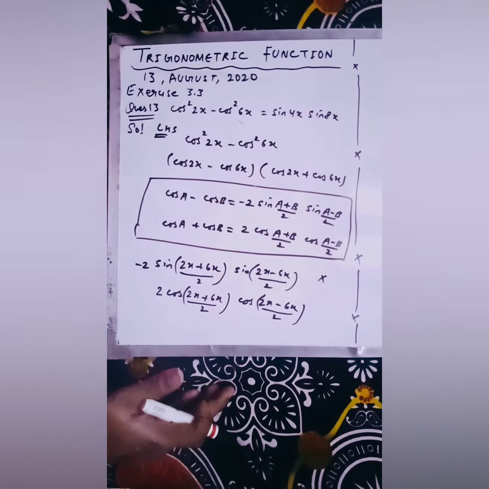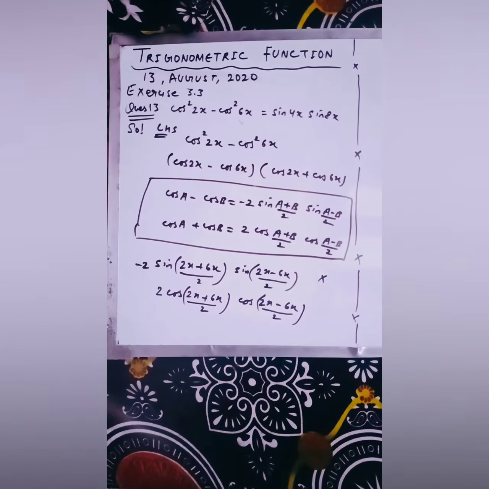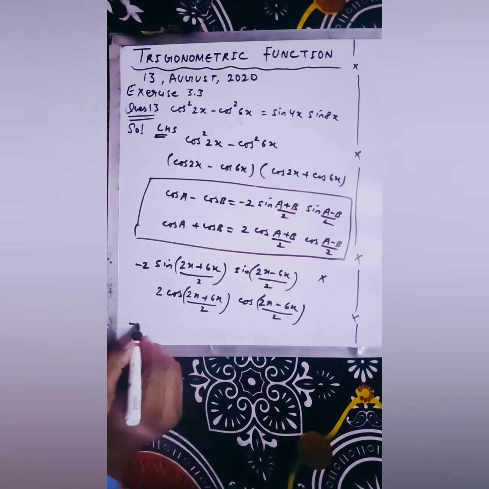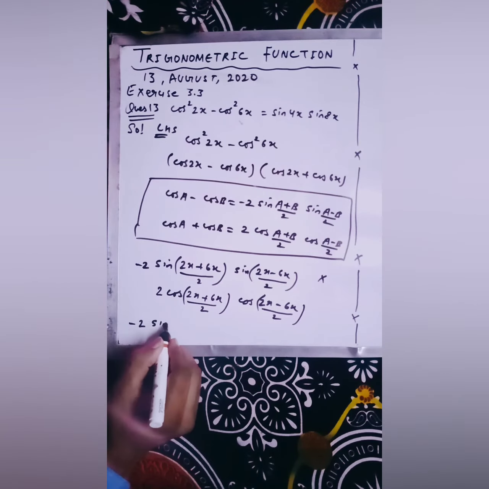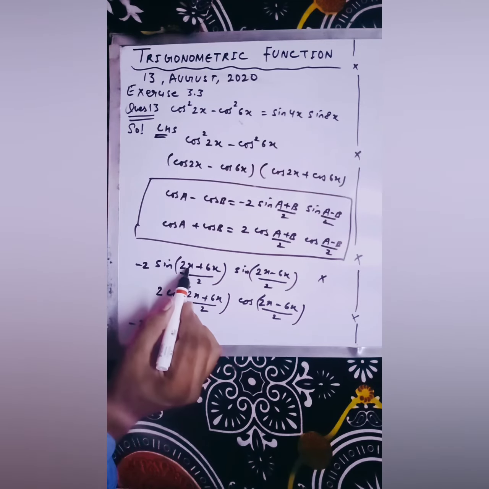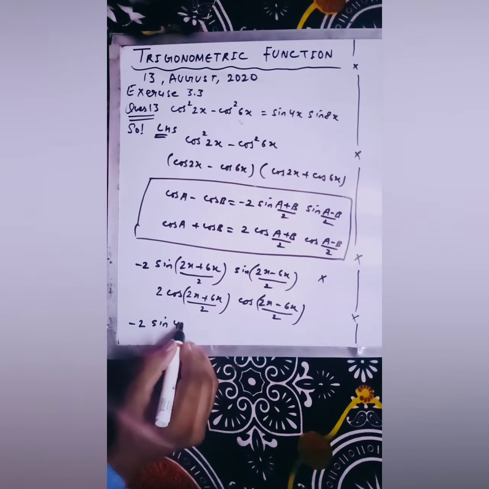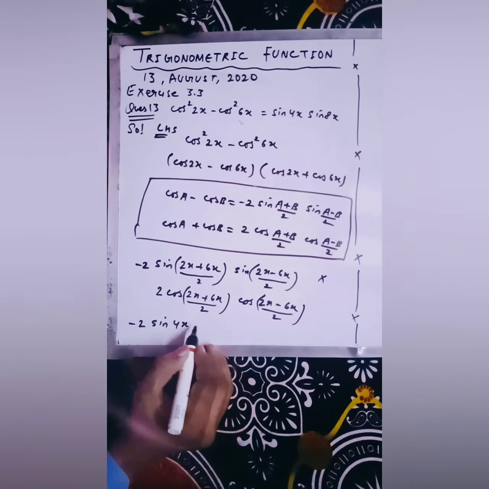Got it? After this step, this would be minus 2 sine of 2x plus 6x, that is 8x, 8x upon 2 that would be 4x. So you write 4x.